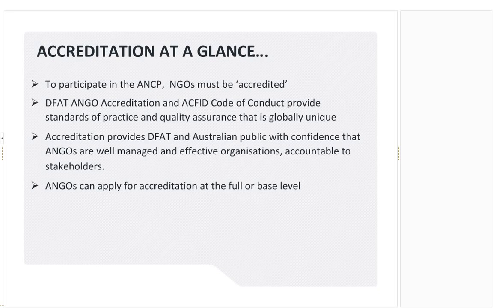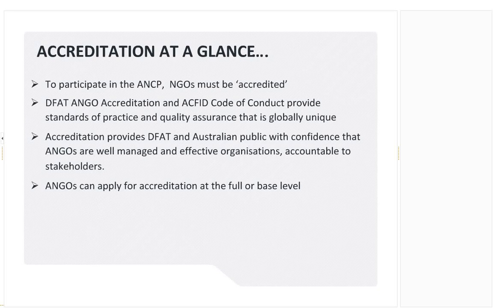We have 2 levels of accreditation, which new applicants may have read of and existing applicants are probably familiar with, so that's full or base level. The difference between the two: full level accreditation has additional indicators that NGOs need to respond to, but there's also a funding difference. So if you're a base accredited organisation, currently you will receive $150,000 as a grant from the ANCP.